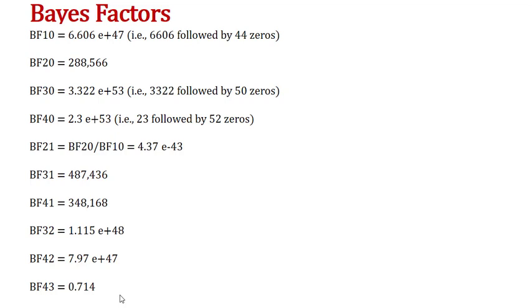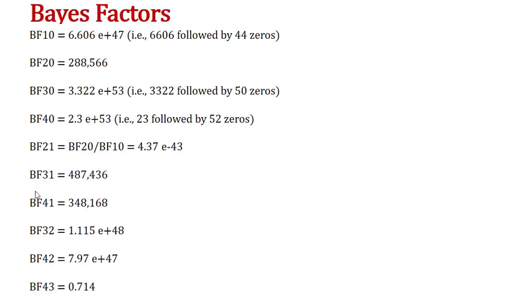So, for example, Bayes factor 31, we say the data is 487,436 times more likely under model 3 than under model 1.